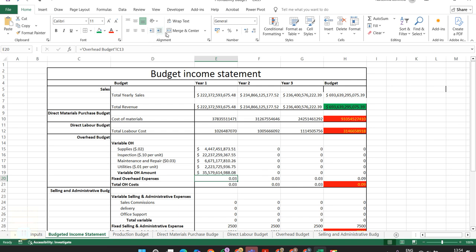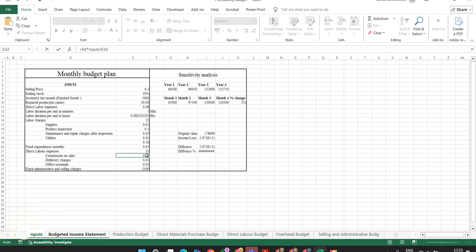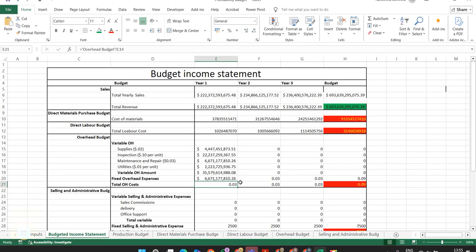So now what we do is this is equal to this value into total revenue value into percentage of fixed expenditure. Now total overhead cost will become, this is equal to variable overhead plus fixed overhead. So now I have the value.